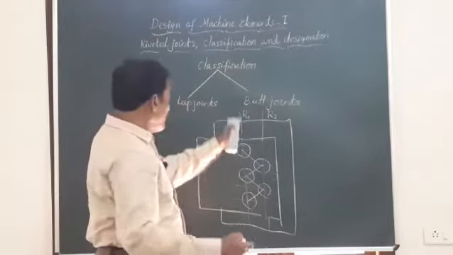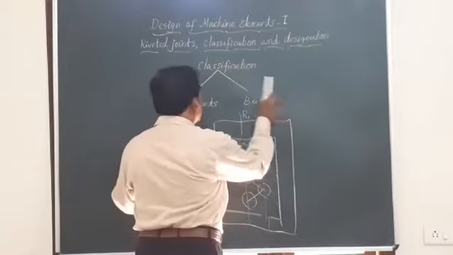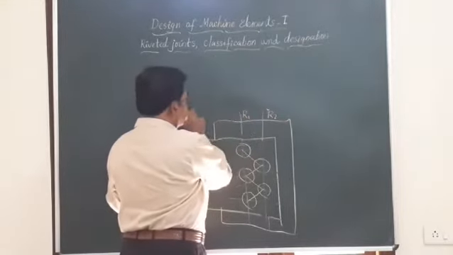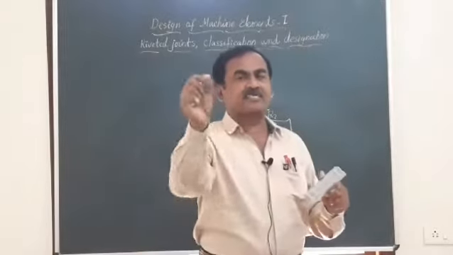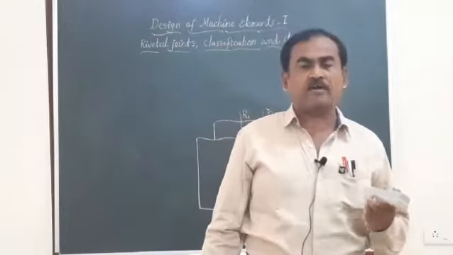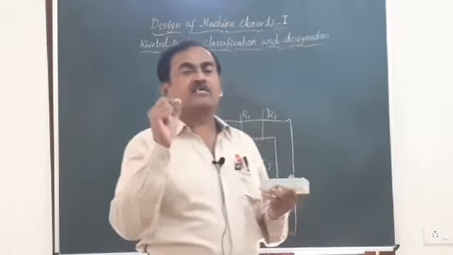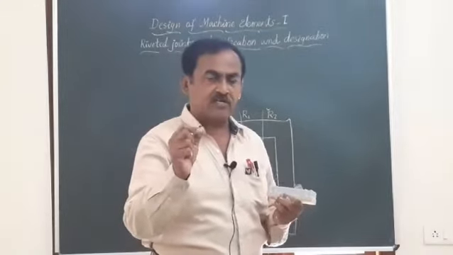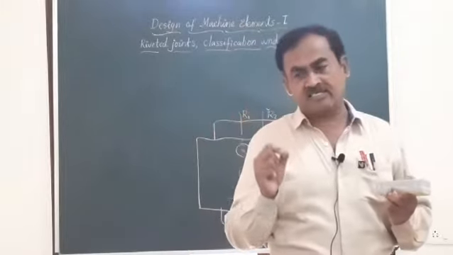There are 2 rows of rivets, we call it a double riveted lap joint, and since the rivets are staggered, we call it a double riveted lap joint with zigzag riveting. Similarly friends, if you have 3 rows of rivets, we call that joint a triple riveted lap joint. Again, the arrangement could be chain or zigzag.